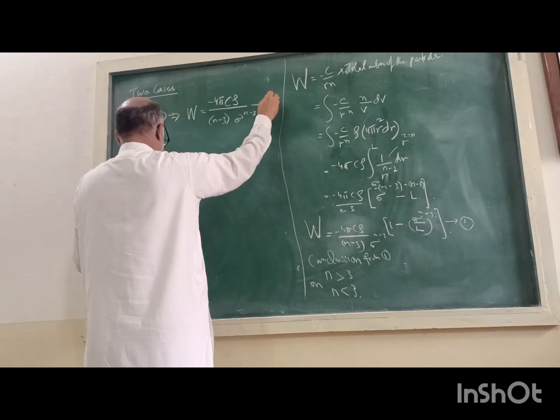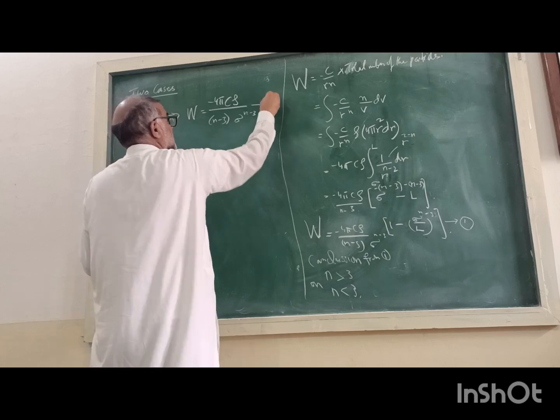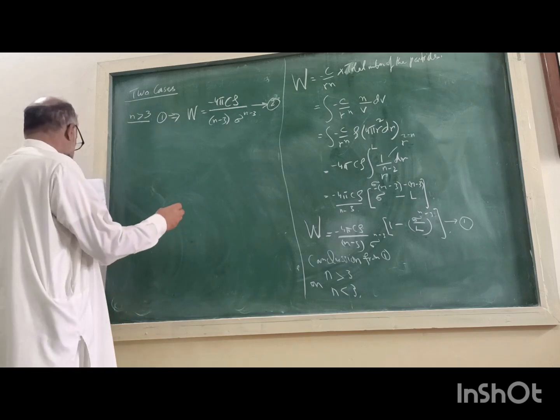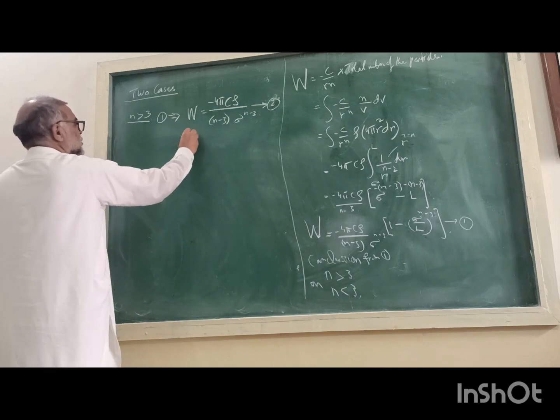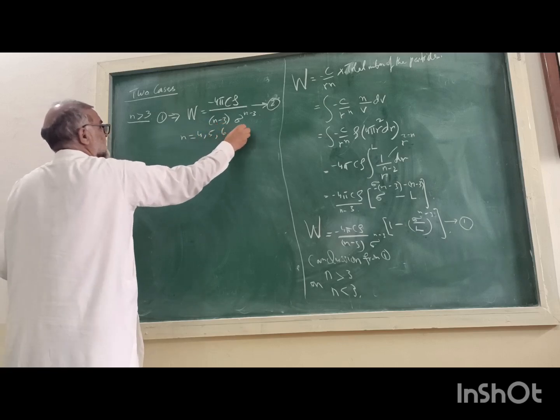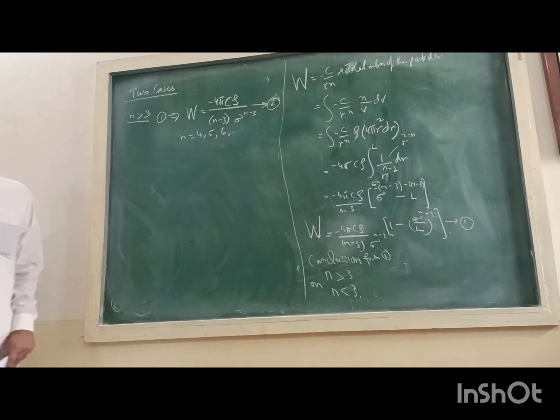And that is equation number 2, for n equal to 4, 5, 6, and so on.